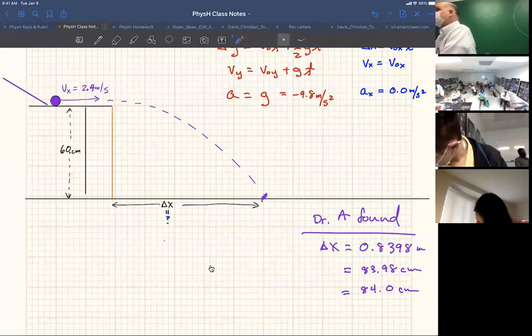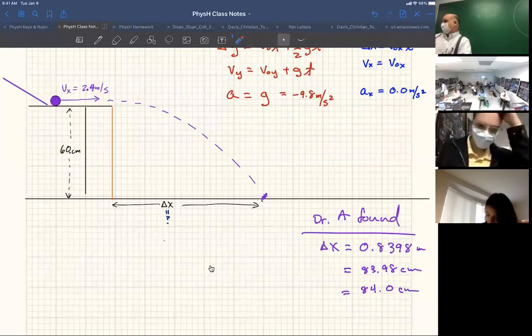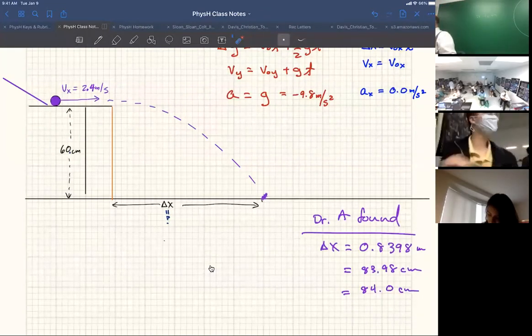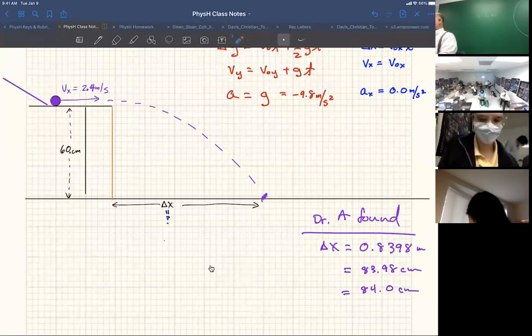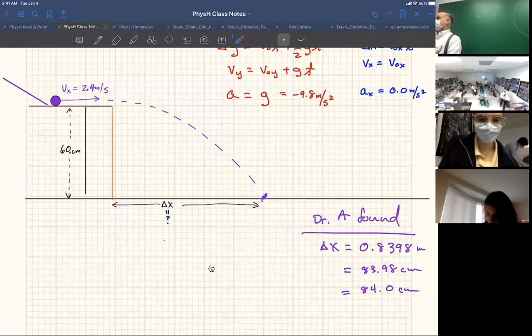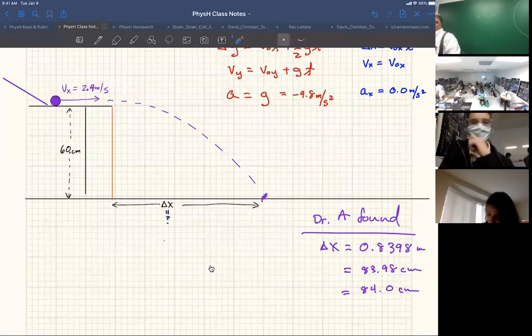Yeah, the initial vertical velocity. So when it first becomes a projectile, it hasn't had time to fall, so the vertical velocity is zero. When it's rolling on the desk, the vertical velocity is zero.